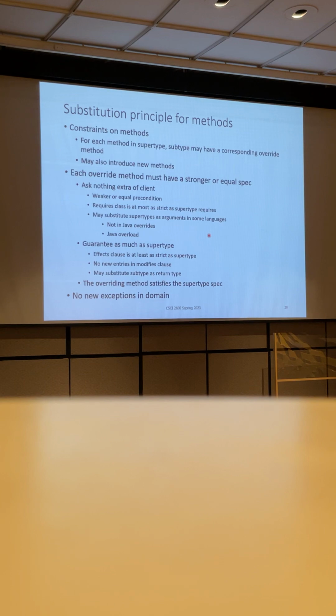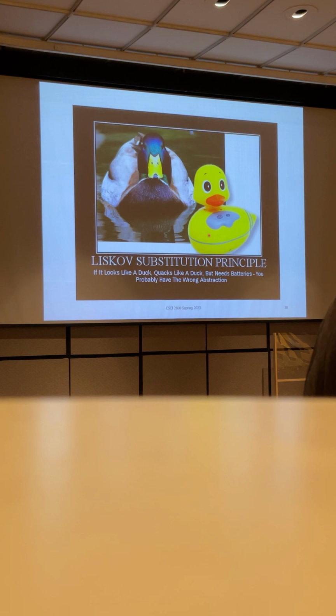We cannot have any additional entries in the modifies clause in the subtype because again, that would weaken the specification. And yes, we can have covariance in return types. In other words, we can substitute the type of the return value with its subtype. No new exceptions, of course, because that would surprise the clients. All right. So yeah, this is the list of the substitution principle.